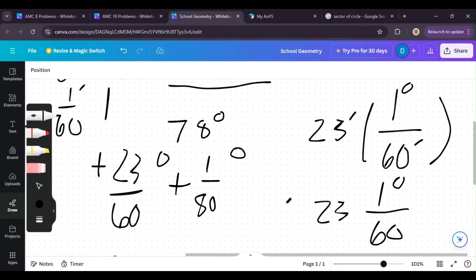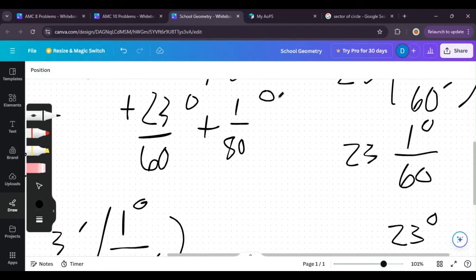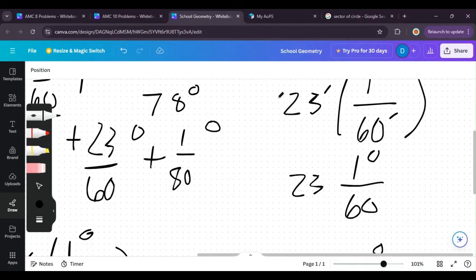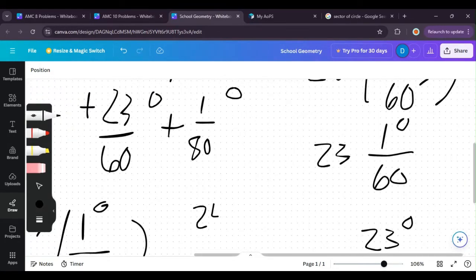And that's the final answer, but make sure to simplify the fractions and combine like terms, so let me just do it with you. The common factor for these two fractions is 240.